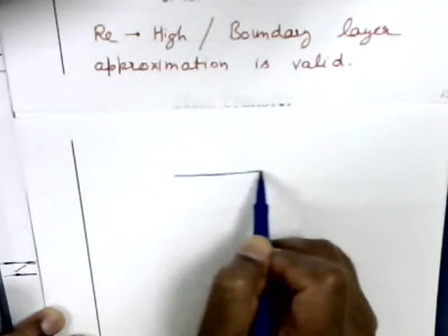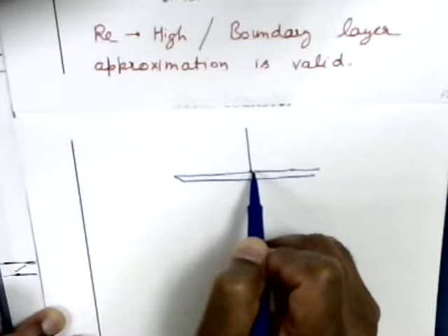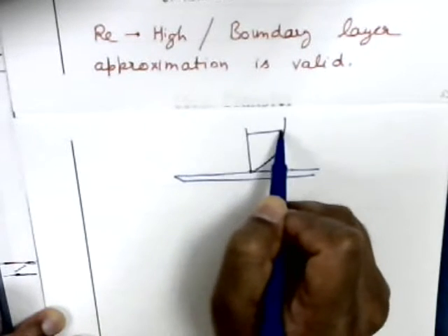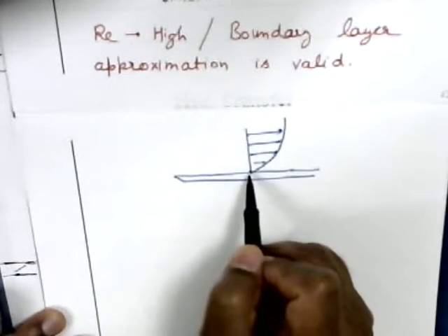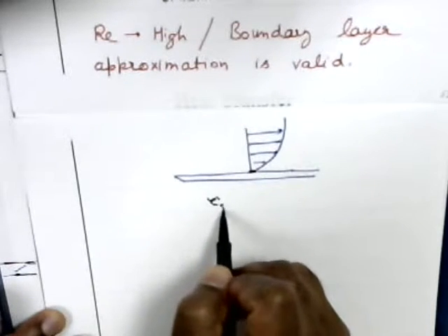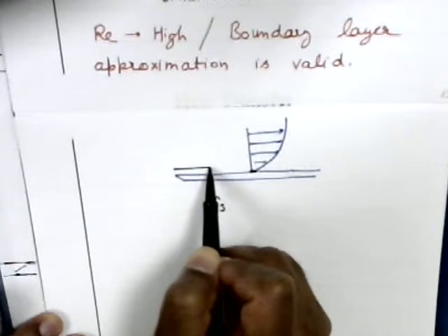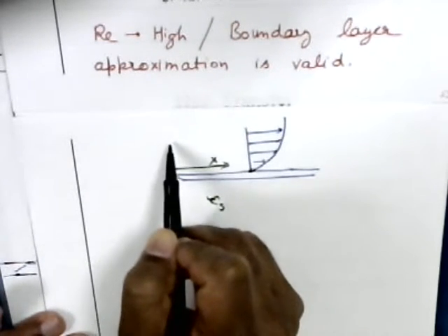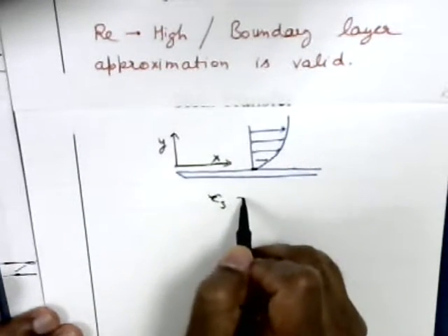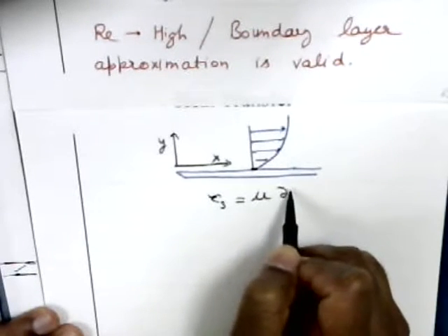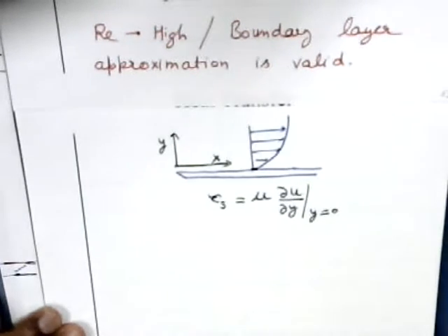If I draw the plate and the velocity profile at this location, then the shear stress at this location, let us call it tau s, depends on distance. So if this direction from the leading edge of the plate is the x direction and this is the y direction, then tau s is given as mu del u del y at y equals 0. So that is shear stress.